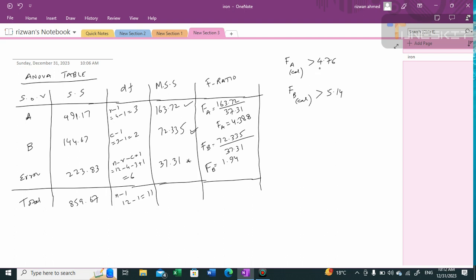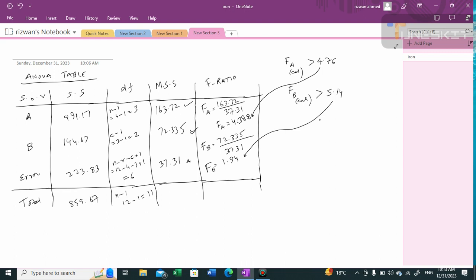If we compare these two values with the corresponding computed values, both values of factor A and factor B do not lead us to go for the rejection. Therefore, H0 is not rejected, and we write down the decisions for both the factors as, since F calculated for both factor A and factor B does not fall in the rejection region, therefore H0 is not rejected.